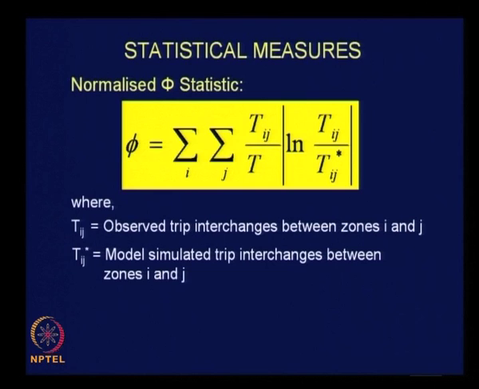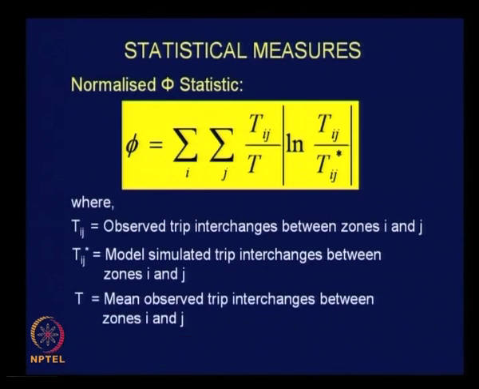So, Tij values you pick from the matrix that you develop based on observed data, and T star ij values you pick from the matrix that you develop based on your gravity model result. And T bar is the mean observed trip interchanges between zones i and j, mean of all the observed values, that you can easily calculate, and that is what is given here as T.